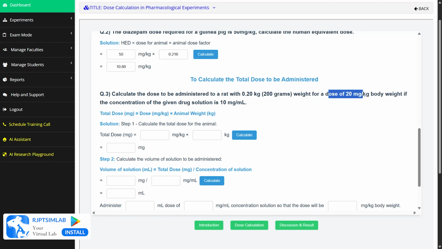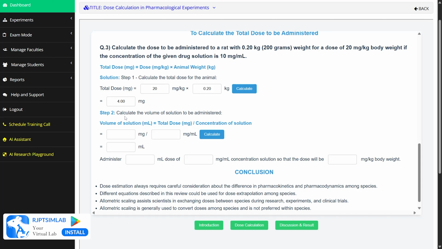It is given in the question, 20 milligram per kilogram. So we will put the value 20 milligram per kilogram. The animal weight is also given in the question, 0.20 kilogram. So in kilogram, we have to write 0.20 kilogram. Then we will calculate it, and the value is 4 milligrams. So this is the total dose for the animal.